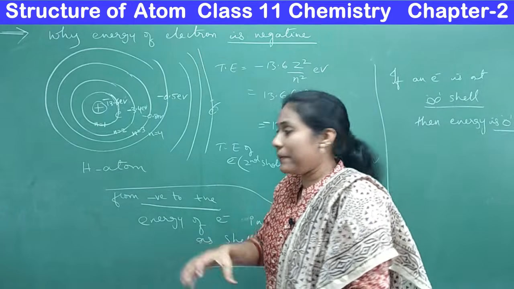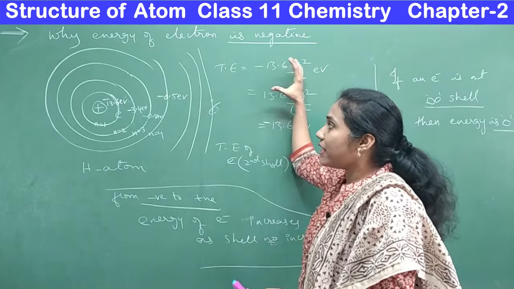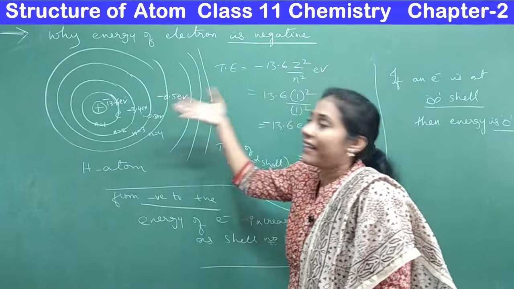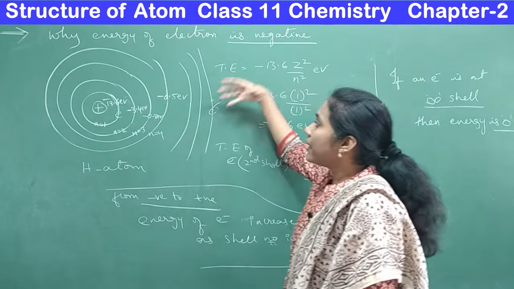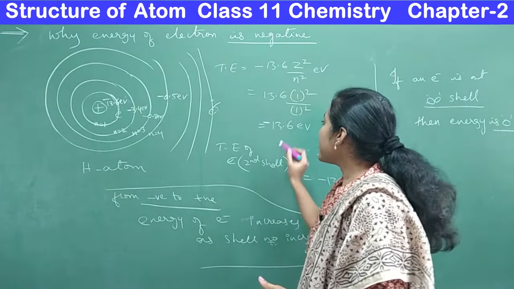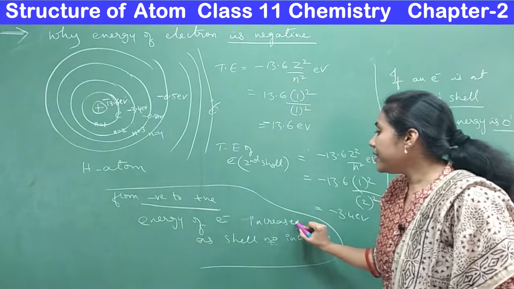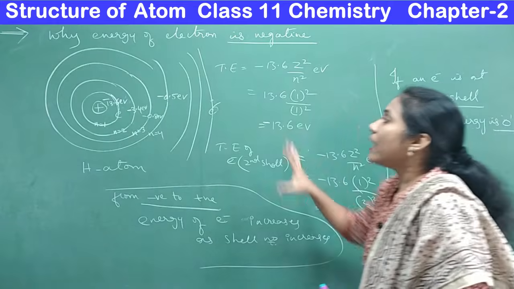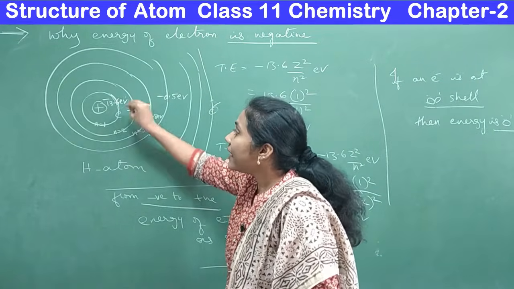The values are becoming negative to positive, that is, toward zero. Logically speaking, the value is increasing. So this negative sign tells you that the energy of an electron increases as the shell number increases. The outer shells have much higher energy compared to the inner shells.